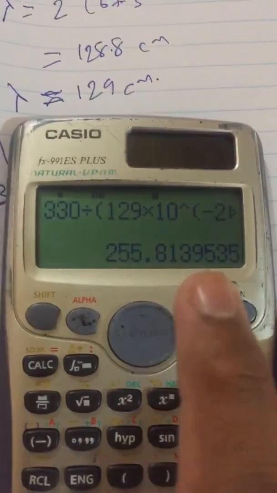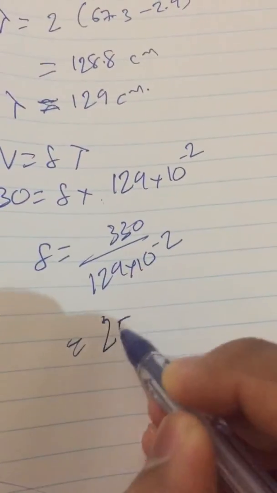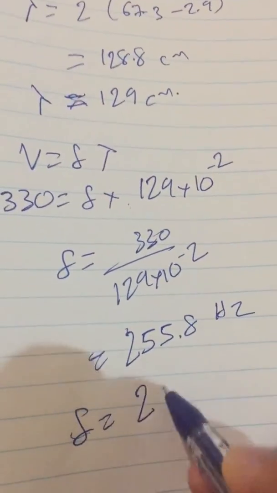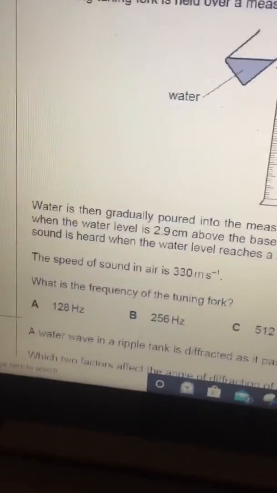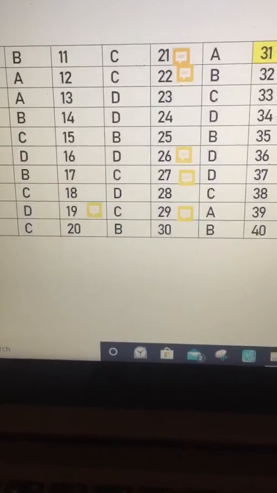That gives you 255.8 hertz. So f is equal to 256 hertz. So the answer is B. Yes, 51B.